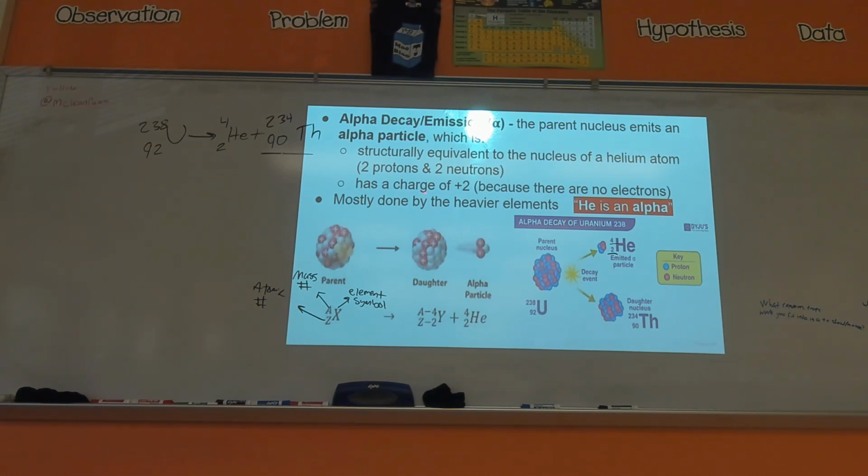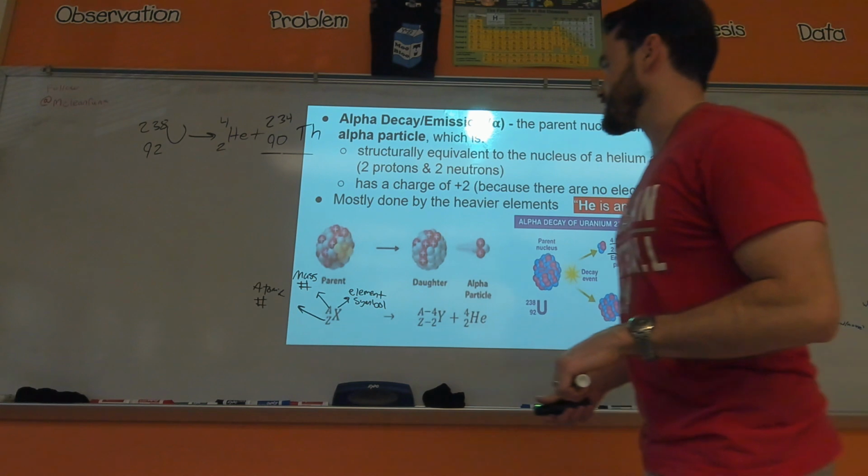Alpha stands for alpha decay. So I was thinking the phrase, he is an alpha. Like the alpha dog, maybe the lead dog or something. Anyways, something to remember: alpha decay, helium nucleus.